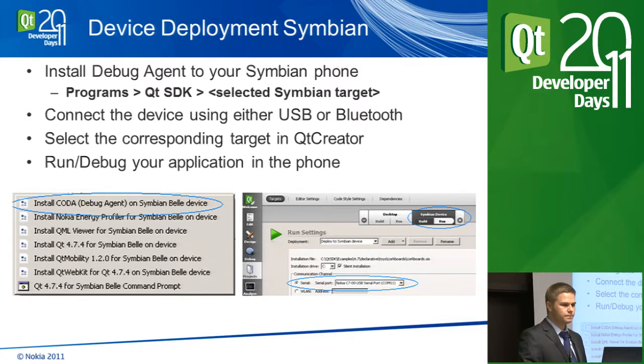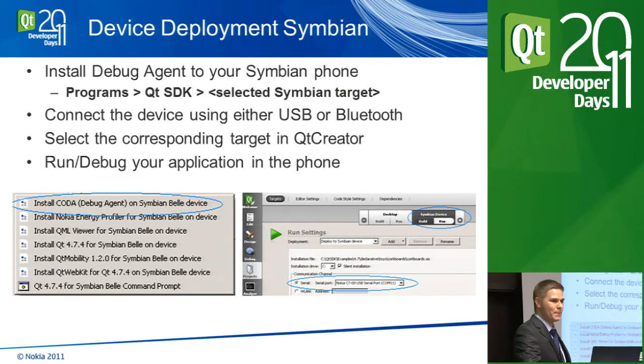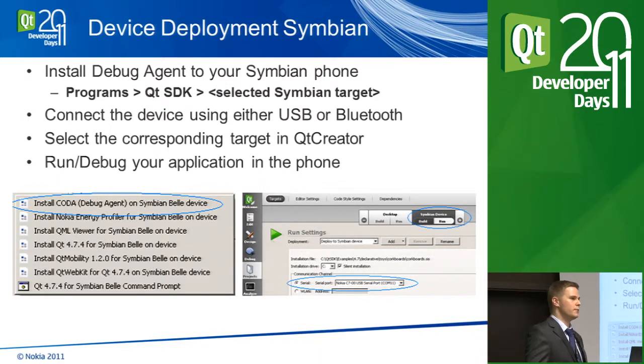And then when you have installed the debug agent, it's called CODA, you need to make sure that you have it running on your mobile phone. Then the phone is able to communicate with your SDK. Your SDK shows a little icon that tells you that it sees your phone and that it's able to deploy and execute your application on your device. We'll see a demonstration of that.